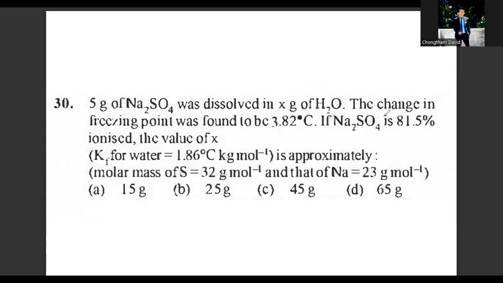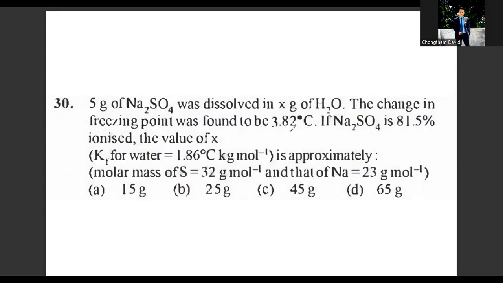5 gram of sodium sulfate was dissolved in X gram of water. The change in the freezing point was found to be 3.82 degrees centigrade. If the sodium sulfate is 81.5% ionized, the value of X is approximately, given the cryoscopic constant for water is 1.86 degrees centigrade Kelvin kg per mole, and the molar mass of sulfur is 32 and that of sodium is 23 gram per mole.